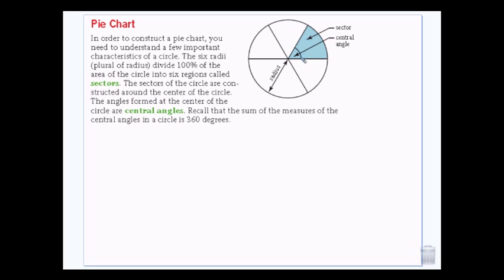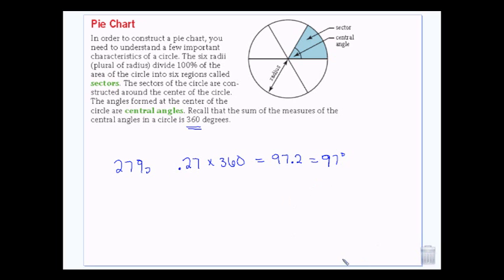The angle tells me how many degrees each part of my chart needs to take up. The whole thing is 360 degrees. So if I wanted to do 27%, I'm going to do 0.27 times 360 degrees, and that's going to be 97.2, so we'll just call it 97 degrees.